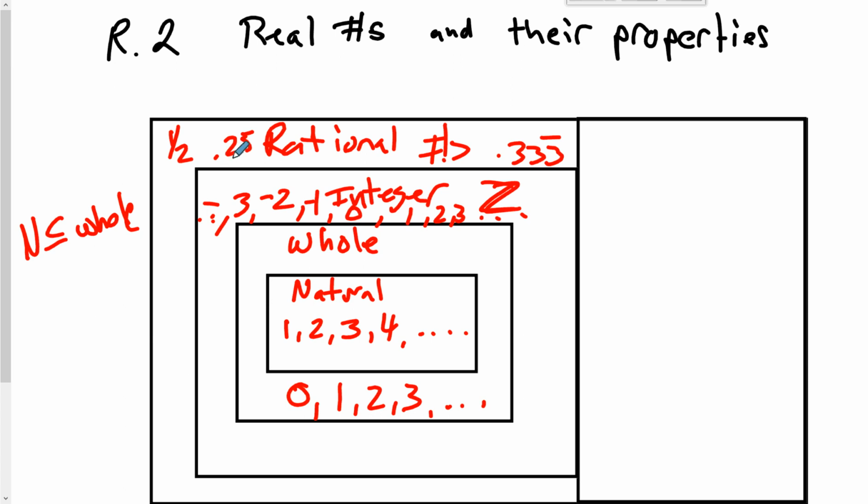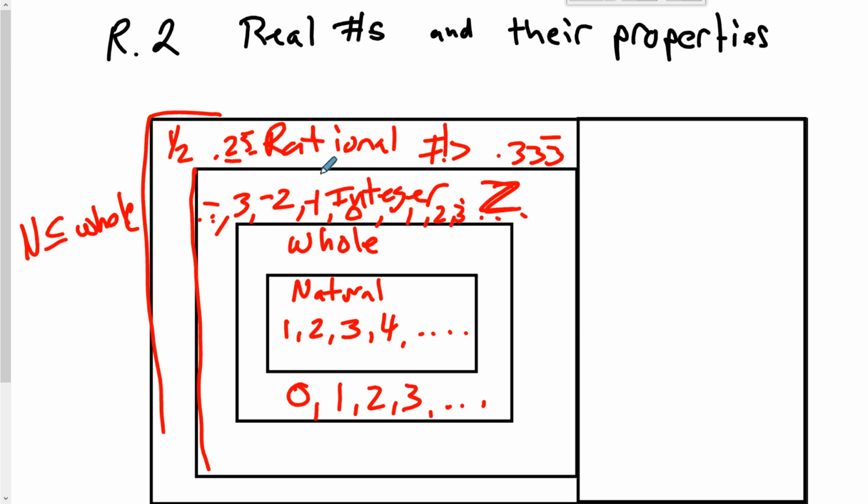If you have a decimal, it ends, or if you divide a fraction, the decimal ends. But rationals also include all integers, all whole numbers, and all naturals, right? Because all these boxes are contained within this box. So that's why they're a subset. It's a way to look at a Venn diagram a little bit.